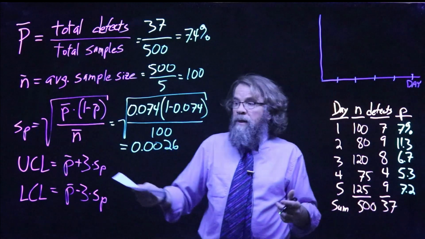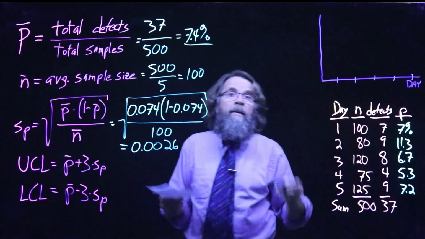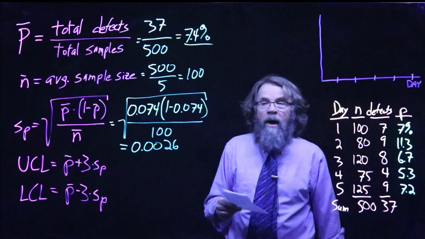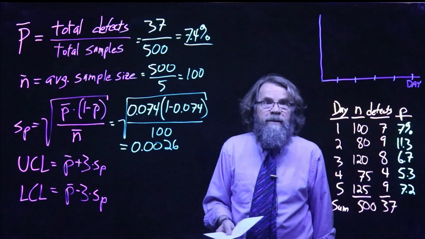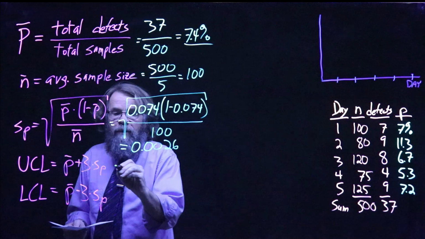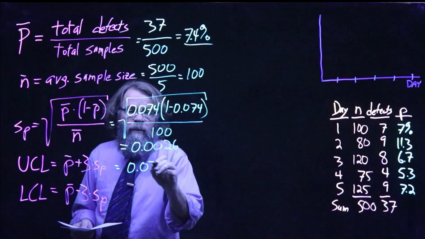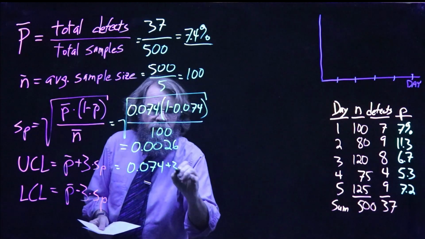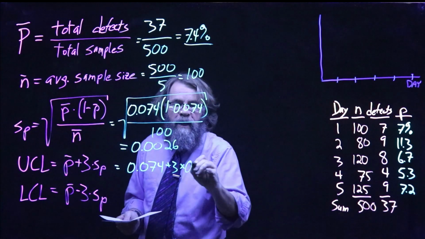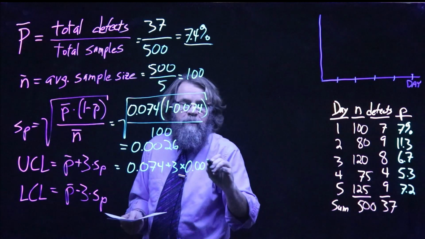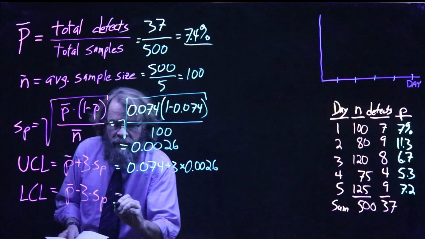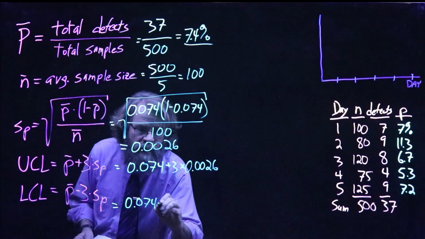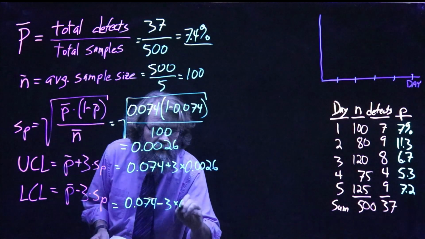So now we are ready to calculate our upper and lower control limits. The control limits are simply the average P bar plus or minus 3 times our standard deviation proxy, our S, our sample standard deviation. So to get our upper control limit, we have 0.074, that was our defect rate, plus 3 times S, 0.0026, and then to get the lower, it's the same process, except we are just going to subtract instead of add.